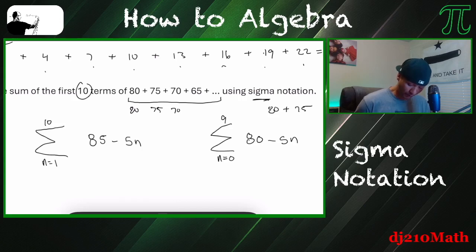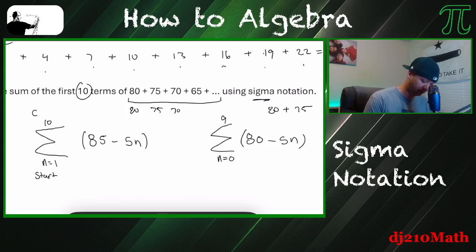And whatever formula or equation you're given, you always use the indexes. So you start at the bottom number below the sigma, and you go up to the top number. And that's pretty much it.